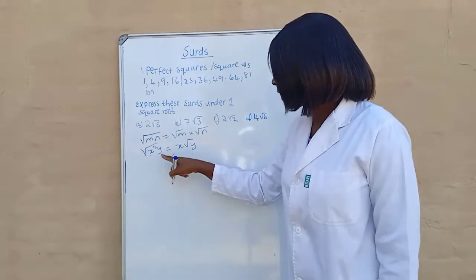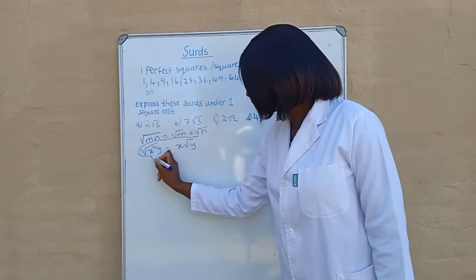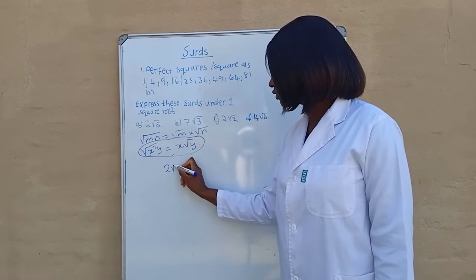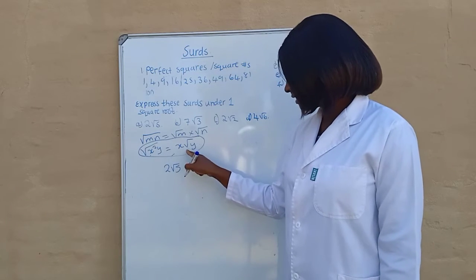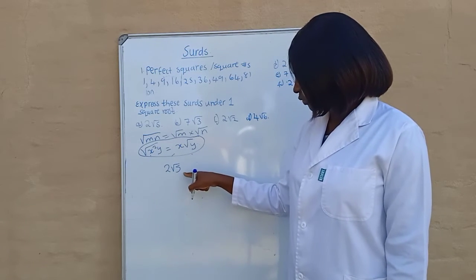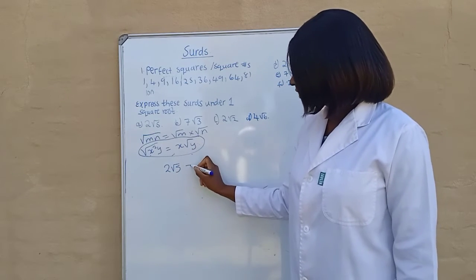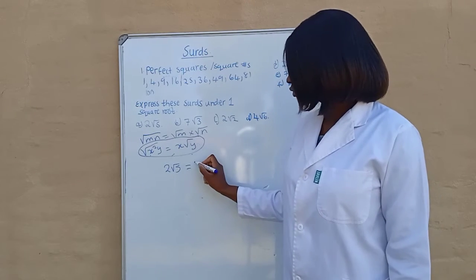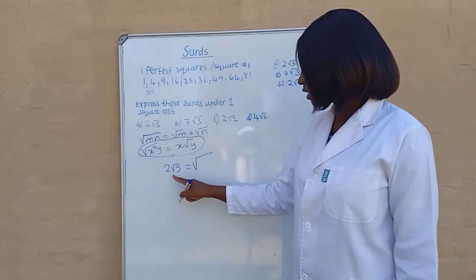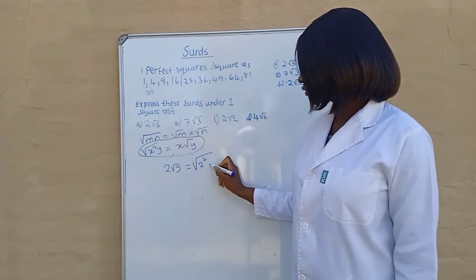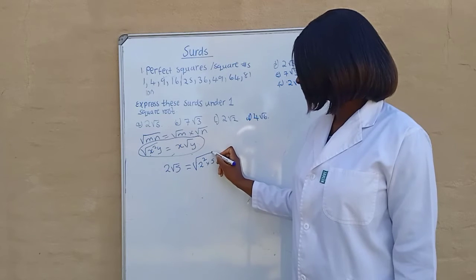We want to apply this principle to these ones. Let's start with 2 root 5. We had x root y, and we said the final answer is the square root of x squared y. So our x this time around is going to be 2, so it's going to be 2 squared times 5.